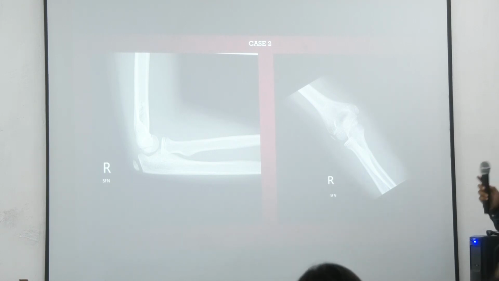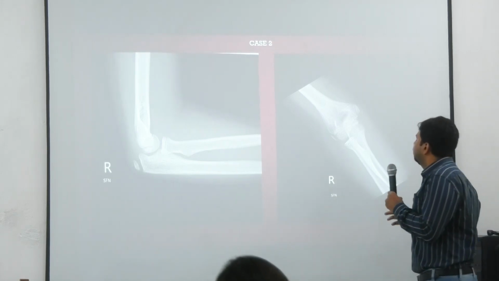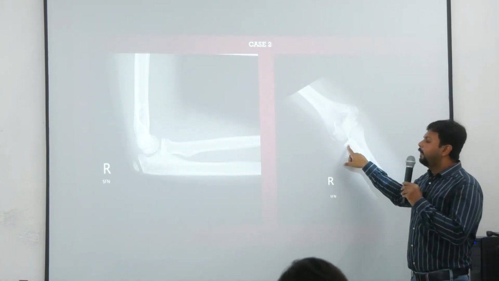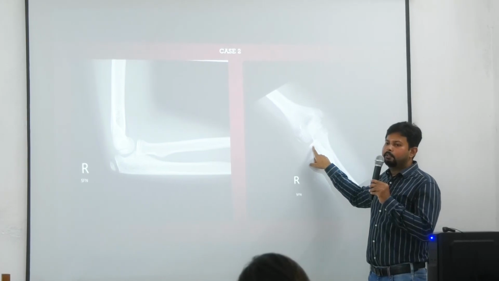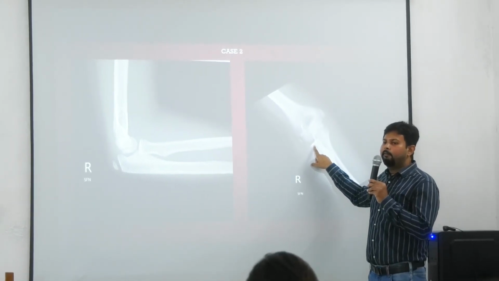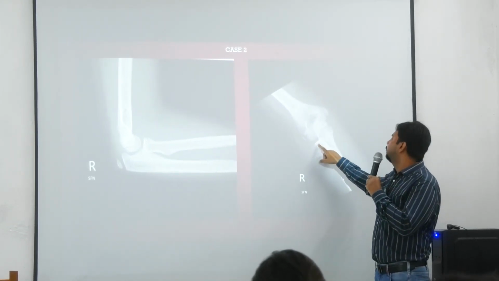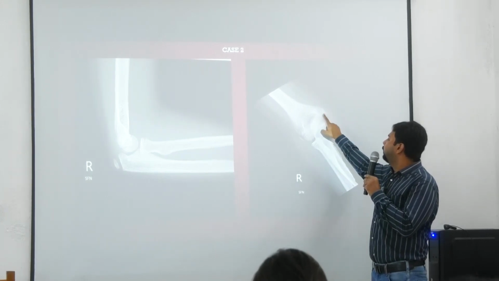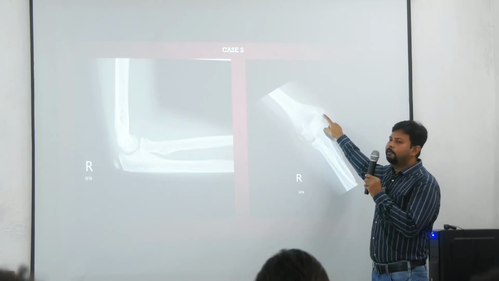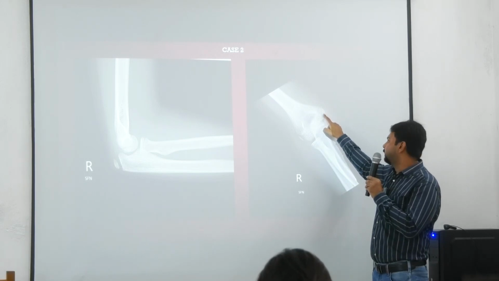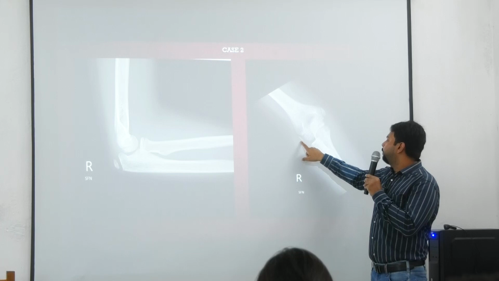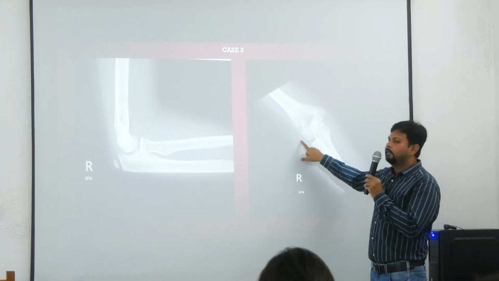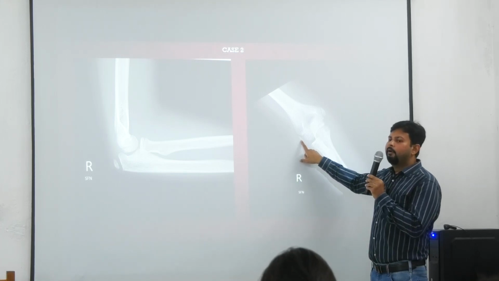So let's estimate. Radial head appeared not fused less than 14, above 6. Right? Medial epicondyle appeared but not fused. আবার সেই ওই 14 এর কাছাকাছি. Lateral epicondyle has appeared, so above 10 years.